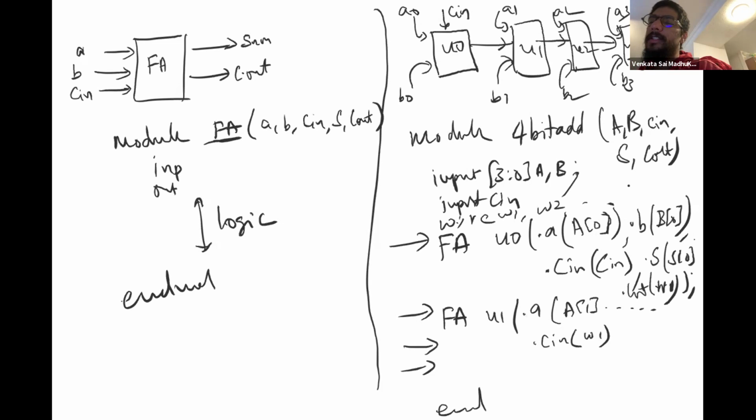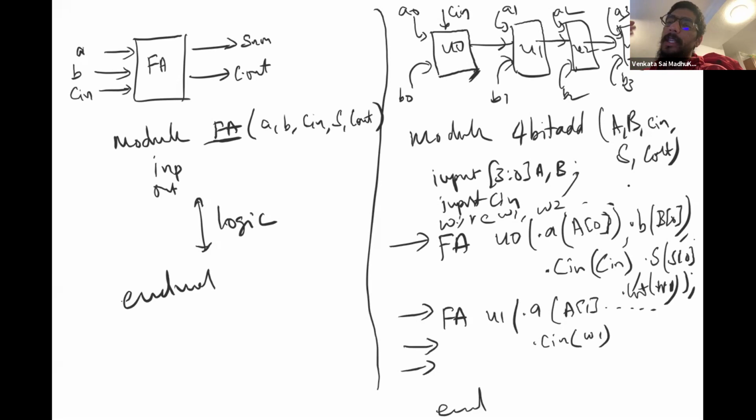the module. So instead of actually writing the thing 4 times, you are instantiating a custom made module in a structural fashion, and this is called hierarchical Verilog, and this is what we are looking at for this particular lab. We want you to understand this concept of hierarchy and how things are working. We have a submodule which we have defined before, that is the full adder, and then we are defining another module over it.